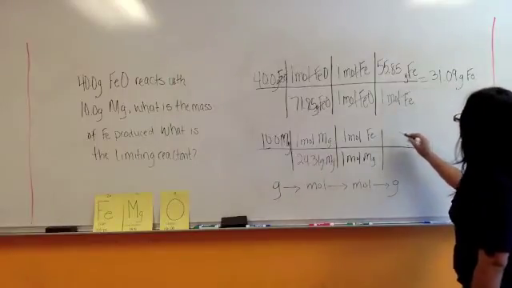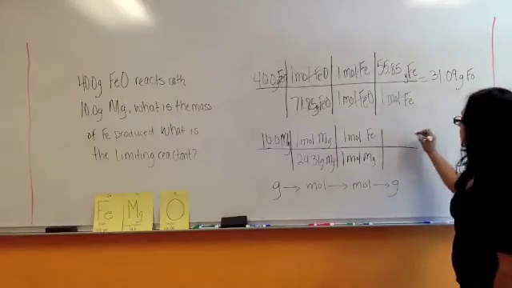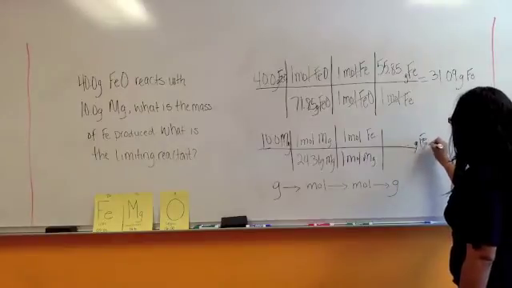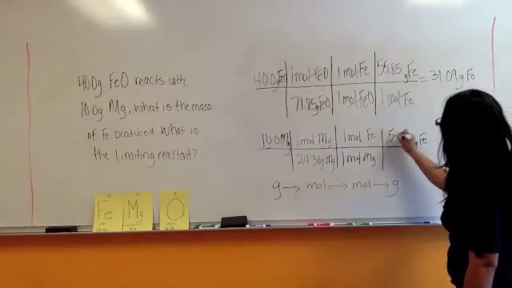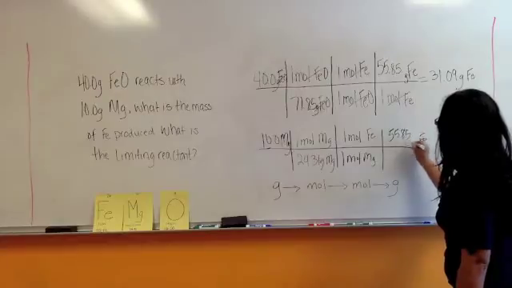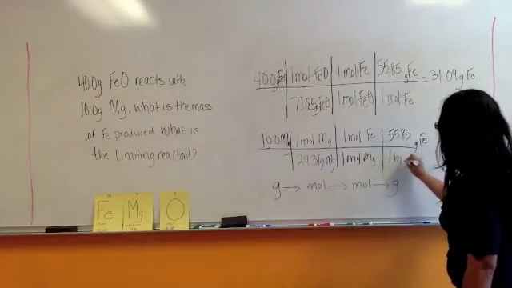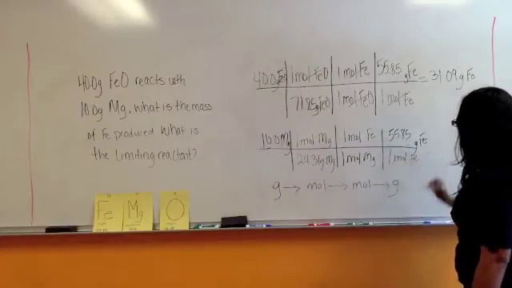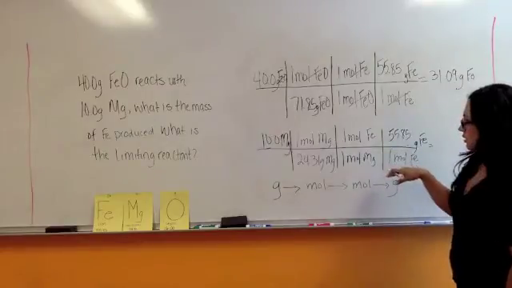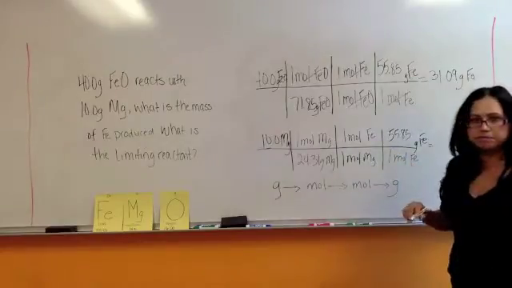Okay, and over here, we'll have the mass of iron, because that's what we're wanting to know, which is 55.85 grams over 1 mole of iron. Okay, and we'll do the elimination, and I'll get the answer.